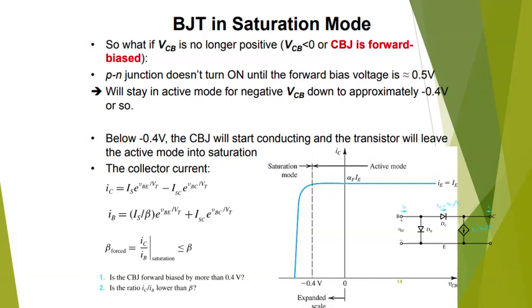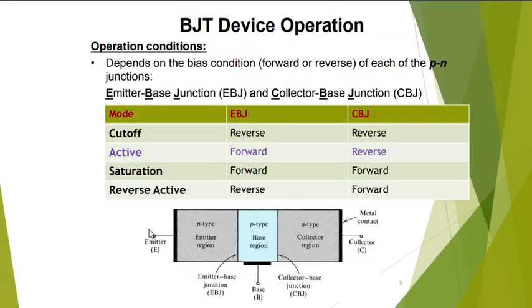Last session, I explained what the active mode is, what the cutoff mode is, and what the saturation mode is. We see here that the active mode that we talked about last session was the mode in which the emitter-base junction was forward biased and the collector-base junction was reverse biased.